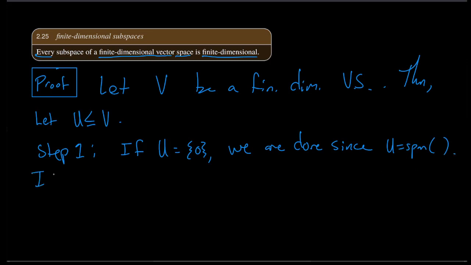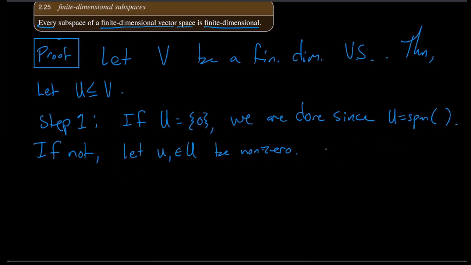Okay. If not, let u1 in U be non-zero, since if U is not equal to this, there must be something other than 0 in U. Okay, cool.